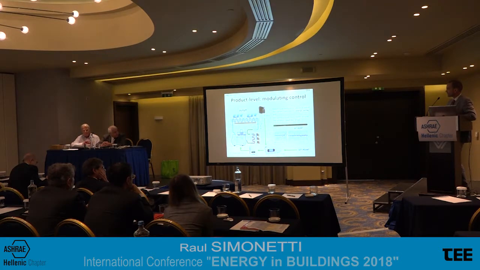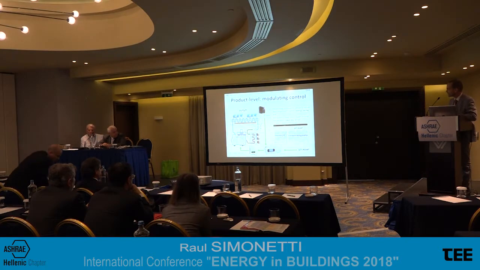And the modulation allows energy saving and at the same time to better maintain the set point of humidity. The red dotted line here is the set point. The modulating system is the blue line, which is more or less oscillating around the set point.